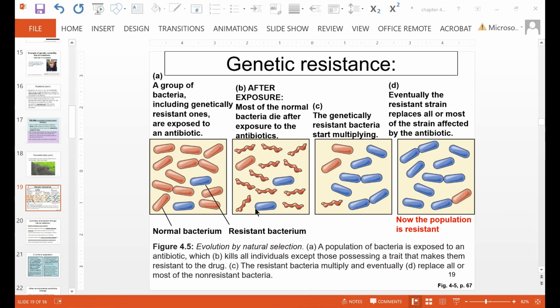But the ones that are naturally resistant to antibiotics, just based on their genetics, they happen to be resistant to antibiotics. Those remain and were not killed by the antibiotics. So then they're able to start multiplying and having more and more of the resistant bacteria. So then eventually the population is replaced by a strain of bacteria that are resistant to the antibiotic.